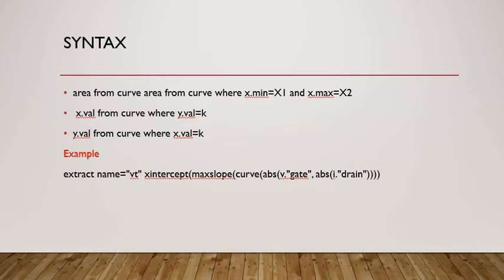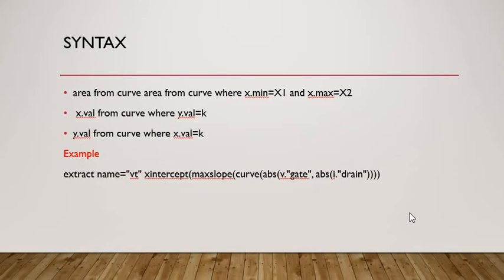And that curve means you are plotting that. From that you are calculating the max slope, and that max slope gives you the intercept. So this way you can write a series of commands and that will give the VT. It is some voltage, like a threshold-type voltage. It is not exactly a threshold voltage as in a MOSFET, it's some different one. So x intercept, max slope, curve. So you can see that you can go from in to out.